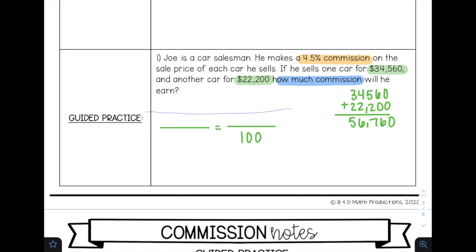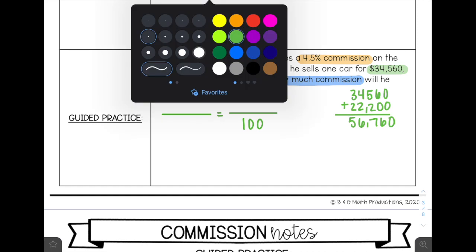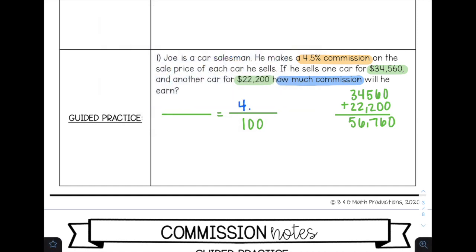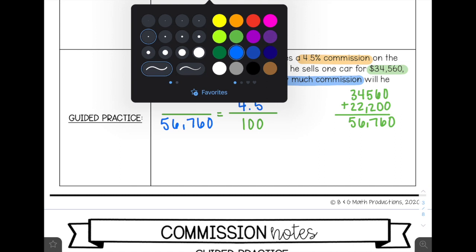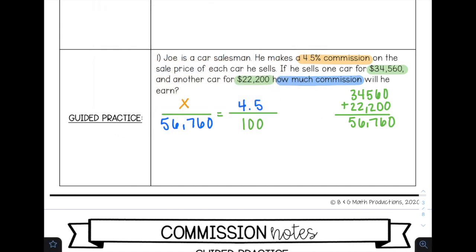We know that our proportion has the percentage. Our percent is going to be for commission 4.5. We know the total sales is our 56,760. And then we have a missing piece, which is our commission, which would be our numerator here.